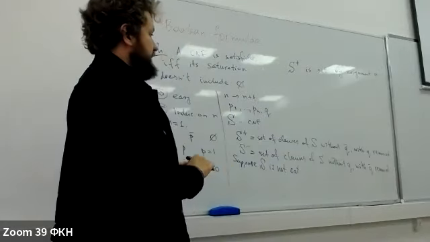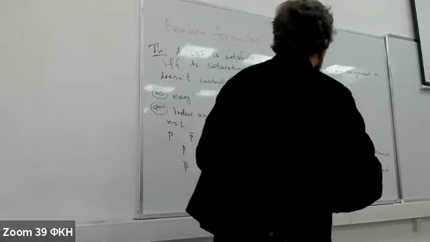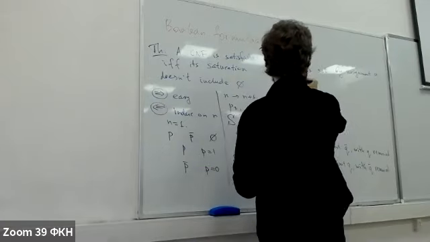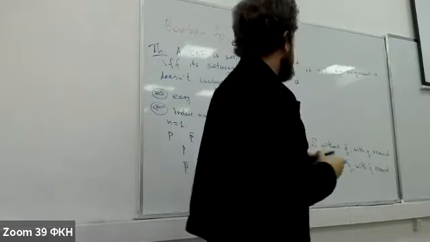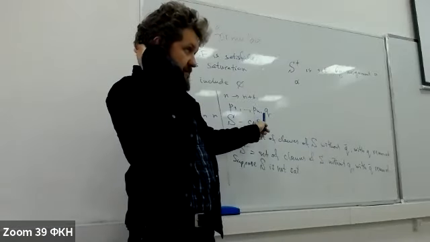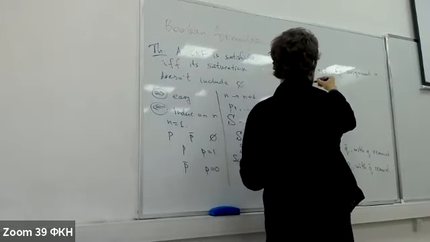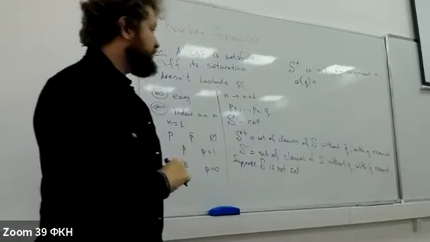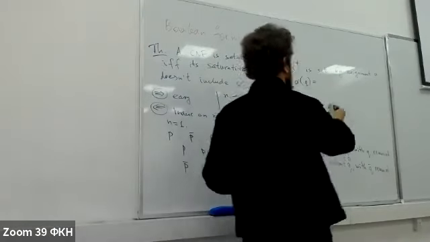Okay. Now let us do the following. Let's take alpha without Q. So alpha is a satisfying assignment which works only on P1 through Pn. And now let's take alpha on Q, which is going to be 0.